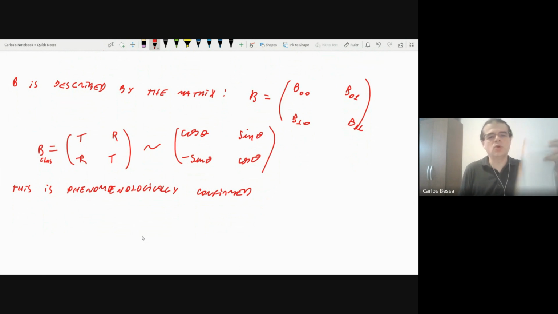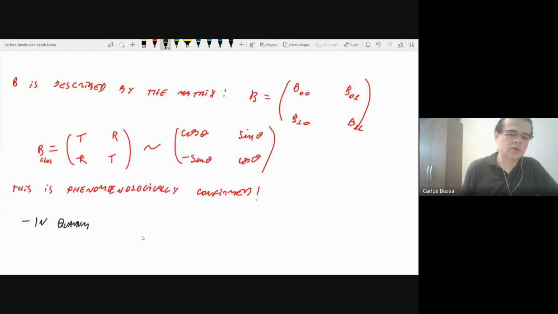Since we know this formulation, this result, we could have a direct demonstration that using quantum optics, we could find something similar to this. So let's put it this way.